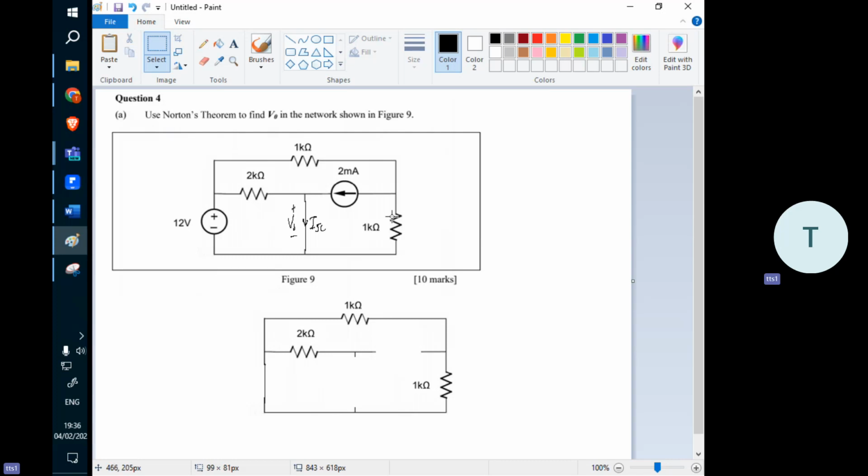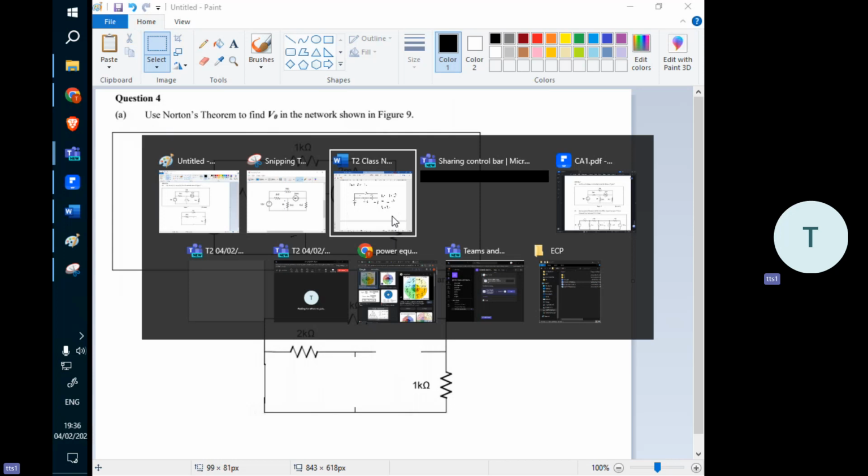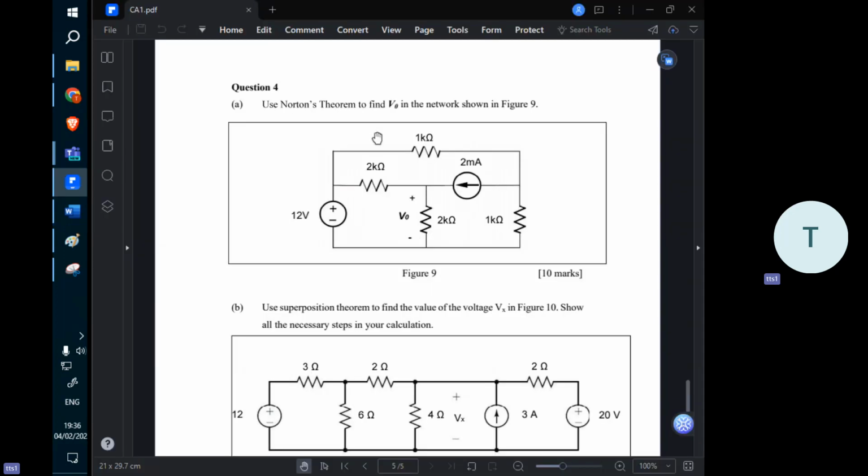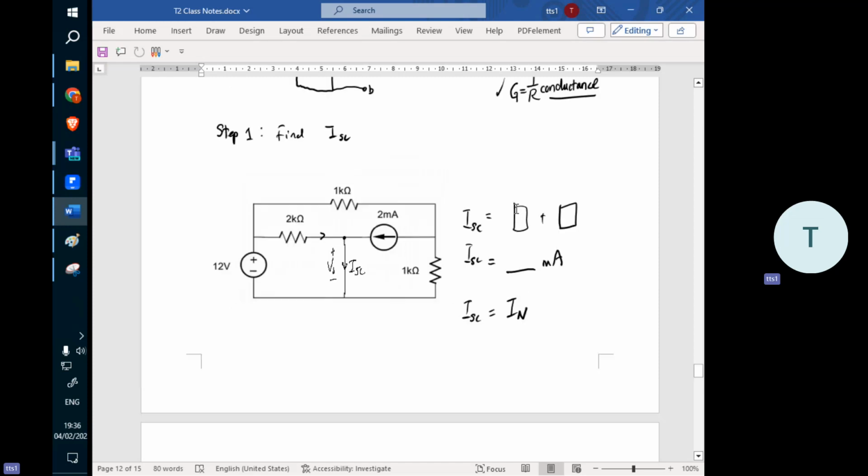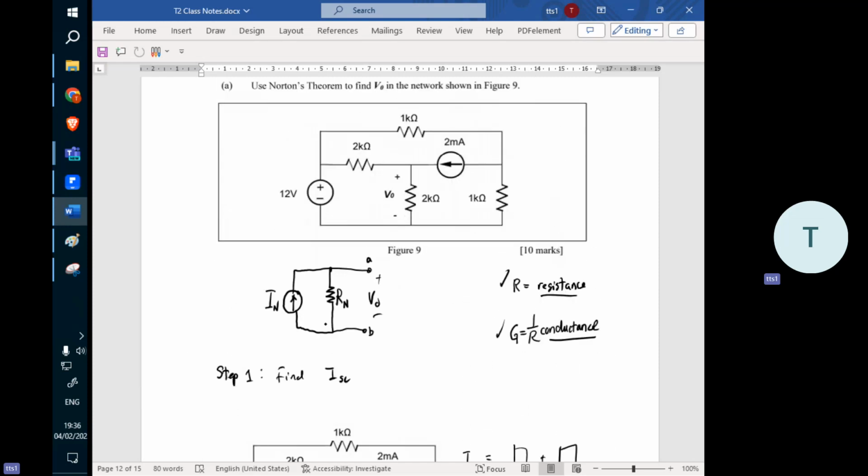I think the question didn't explain it enough. The 2K ohm here actually is the RL. Remember, I talked about it earlier: eventually the Norton circuit is going to connect to an external load. I brought this up in the previous table. This one will connect to RL eventually, the customer resistance.